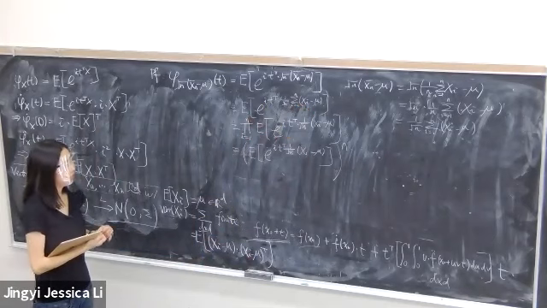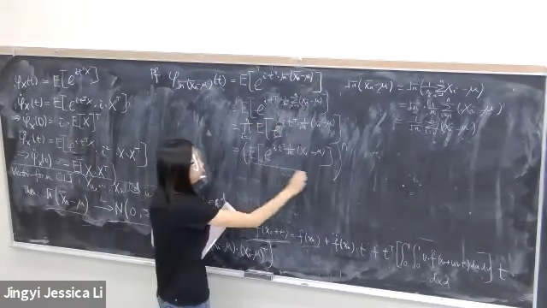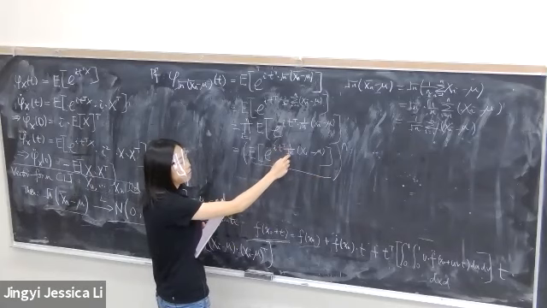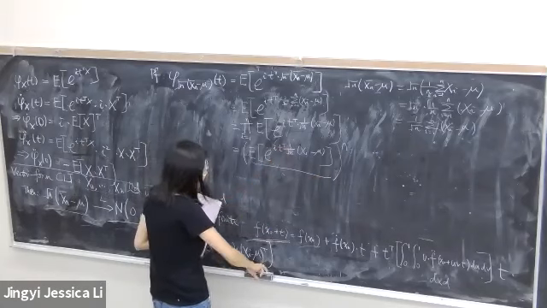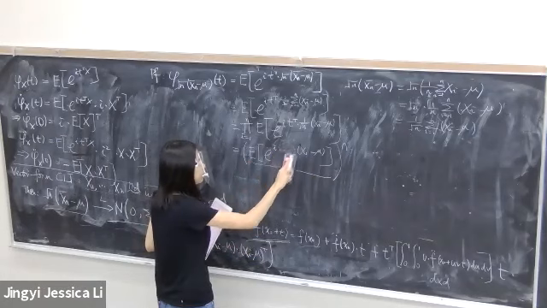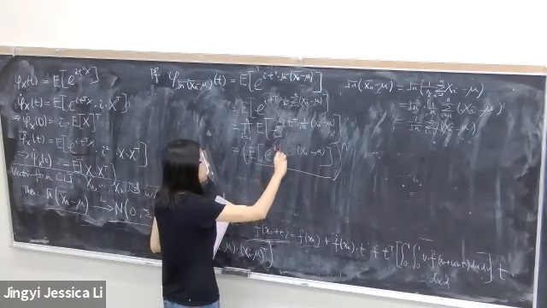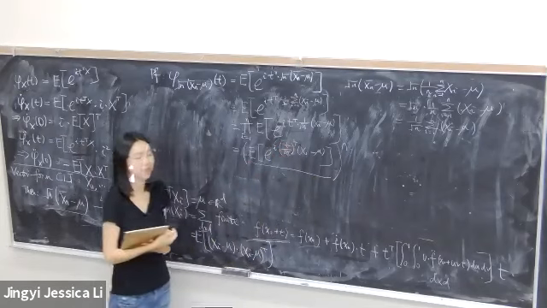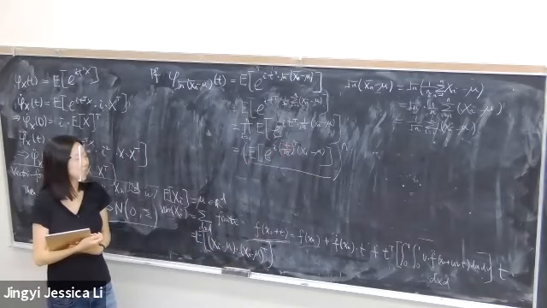Now what is this term? If I combine t with this 1 over root n, I can write it as t divided by root n, transpose. T is a vector, root n is a constant.